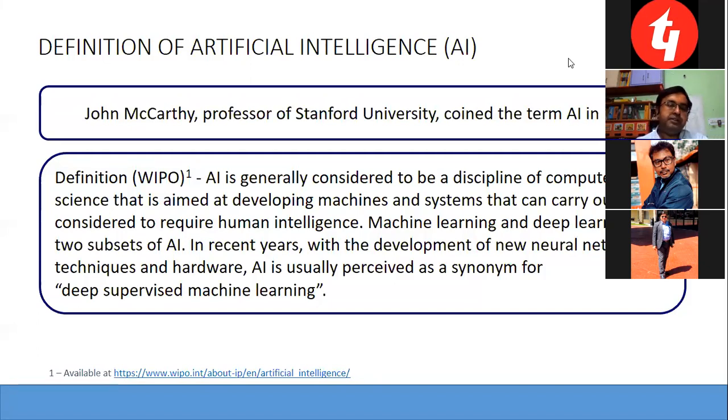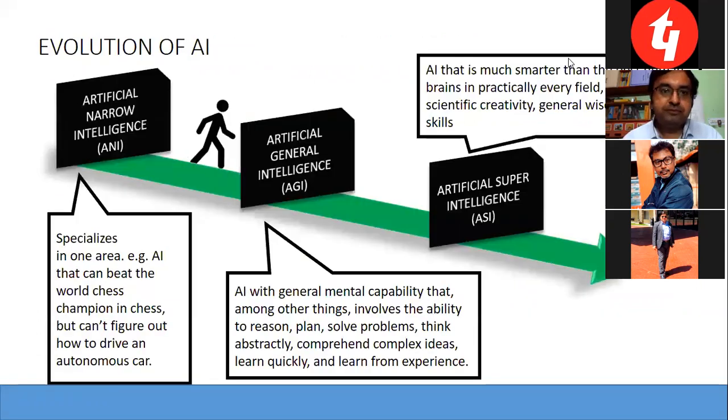The WIPO definition specifically states that the synonym for AI is deep supervised machine learning. So in a nutshell, we can say that it's a machine which can, to some extent, think like a human, take decisions autonomously, and perform tasks which would otherwise have required human intervention. That is what the basic definition of AI is all about.